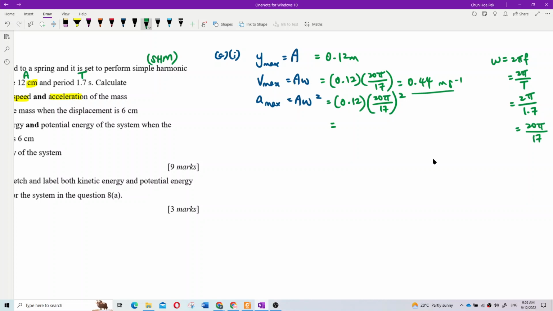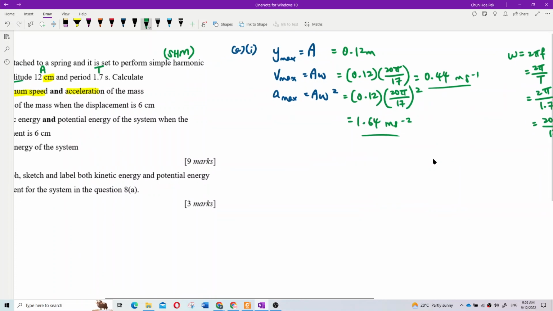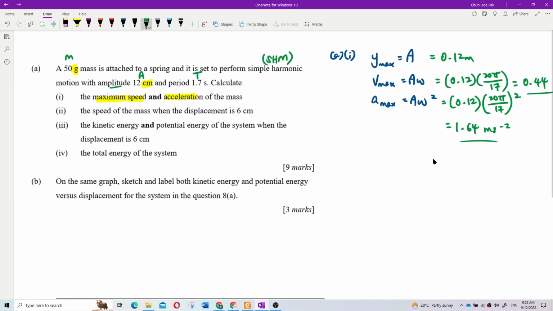So I get 20 pi divided by 17, squared, and then multiply by 0.12. The answer is 1.64 meter per second square. Very simple. So how about the next question?